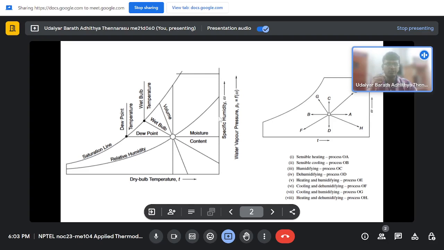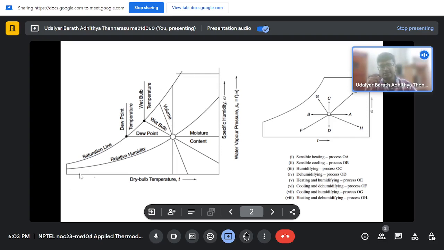The specific humidity is the mass of water vapor which is present in air. So per kg of dry air, how much mass of water vapor is present in there; that signifies your specific humidity. That also specifies the moisture content.